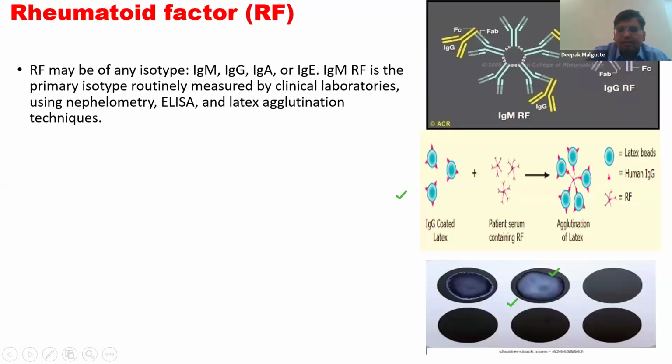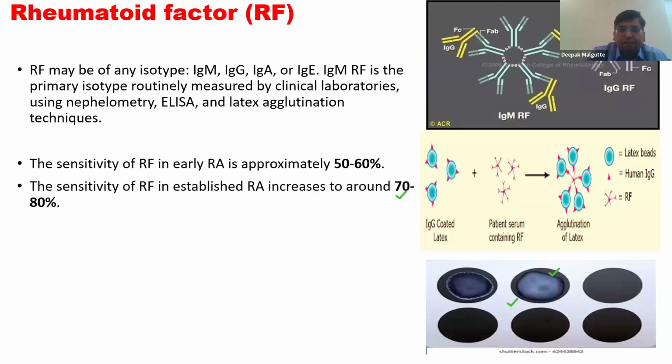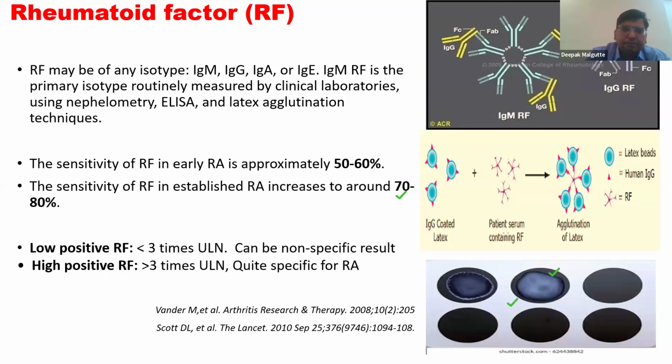Nowadays, better tests have come compared to latex agglutination, like nephelometry or ELISA. The sensitivity of rheumatoid factor in early rheumatoid arthritis is estimated to be around 50 to 60%, whereas in established RA, where joint damage or deformities have developed, it is 70 to 80%. So it is a fairly sensitive test.